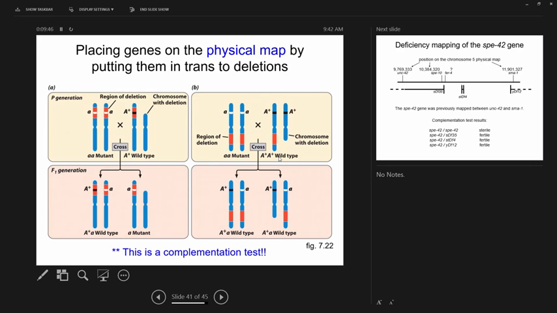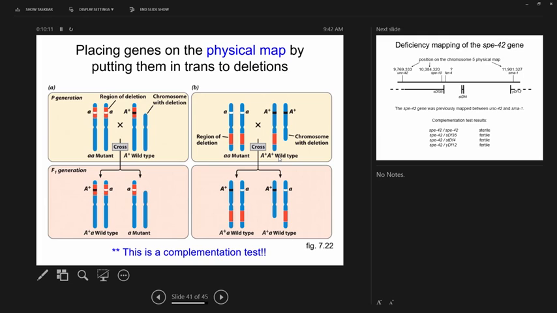So this chromosome is completely wild type. So it says A+ here. Every gene in the red area here is going to be wild type or normal. It's just showing A plus because we're talking about the A gene over here. This one, you could think of it as being mutant for every single gene that's within that deletion.